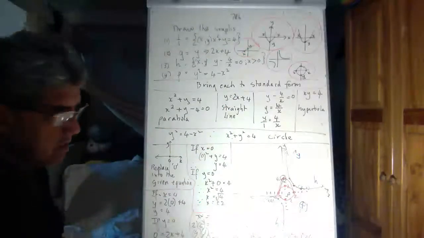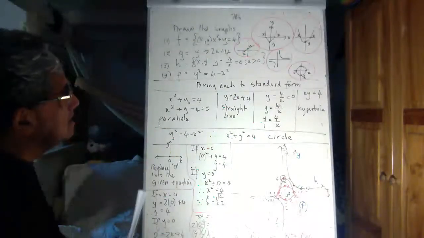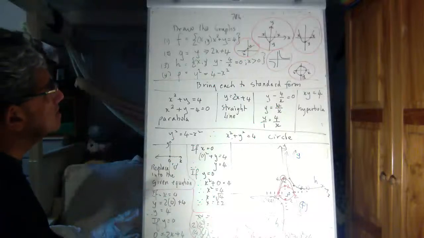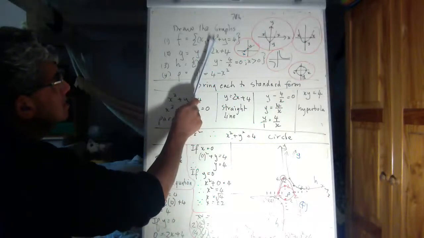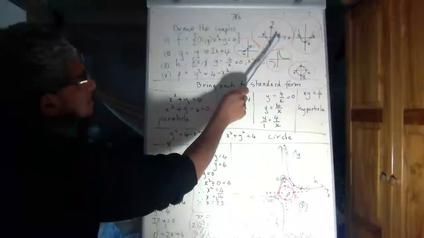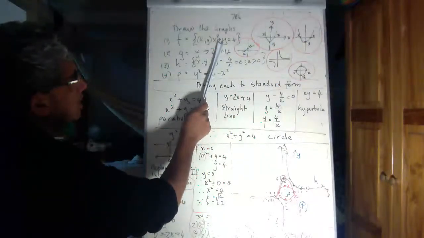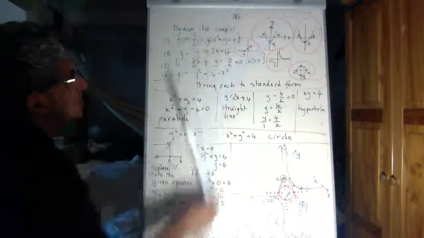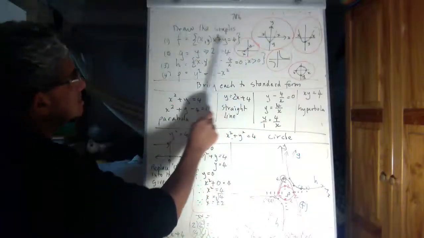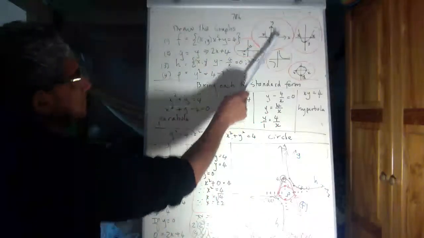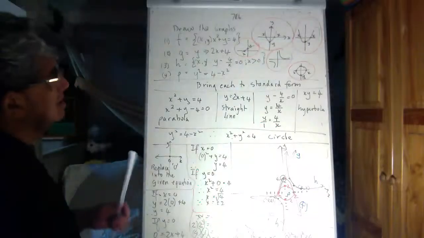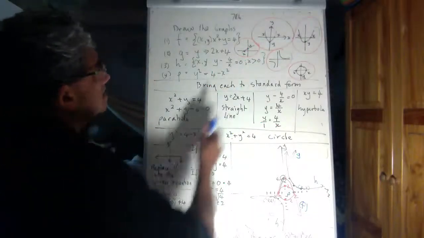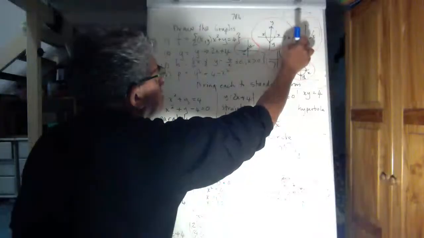So let's first start by identifying what kind of graph this is. The moment you see there are two x squared, meaning it cuts the x-axis twice, but it's only one y, meaning it cuts the y only once, then this tells you it's a parabola, either facing down or facing up.